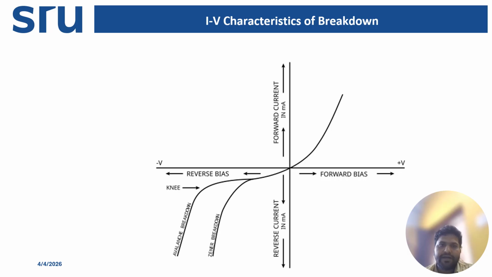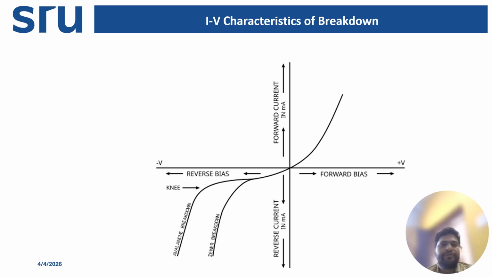So after applying above 5 to 6 volts, avalanche breakdown happens. We can see in that figure, on the left side, the second line showing the avalanche breakdown. The curve rises steeply down in the negative current direction.